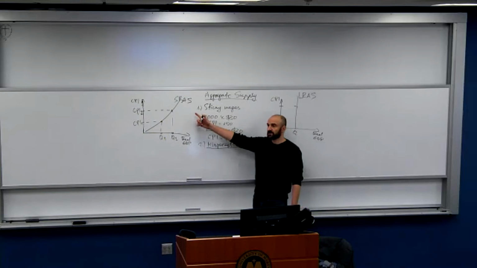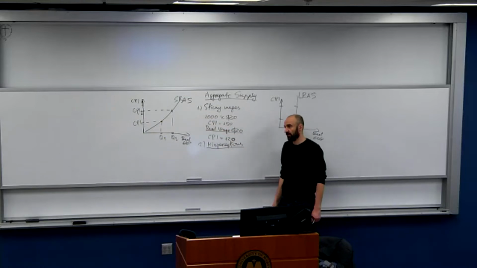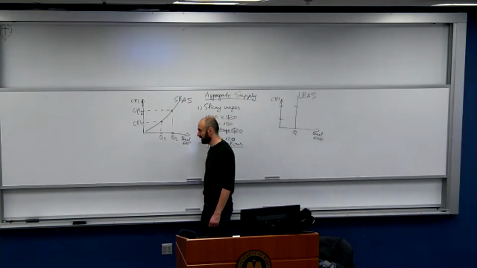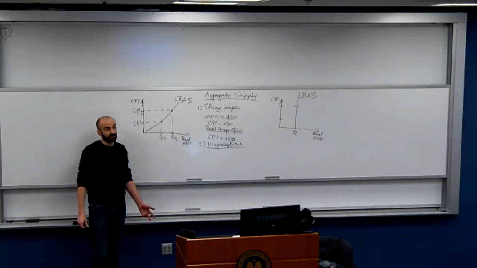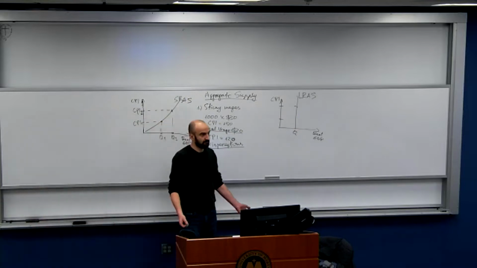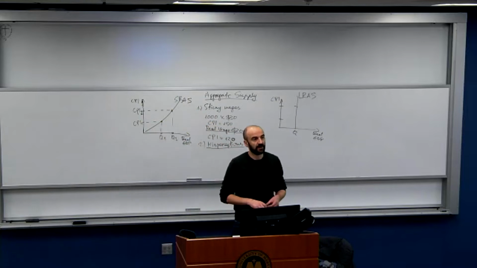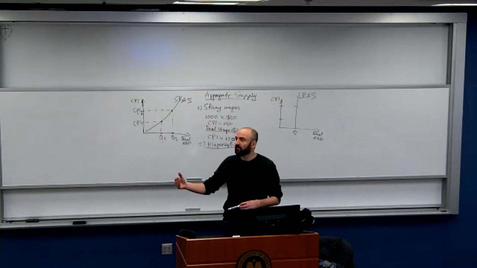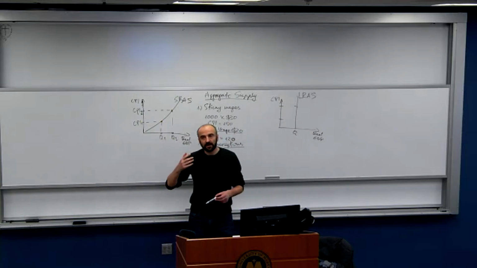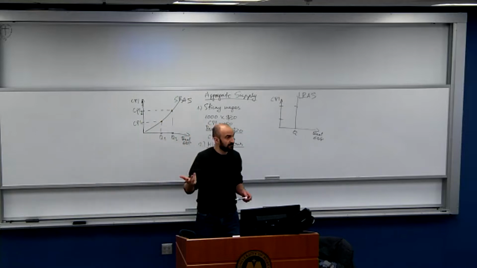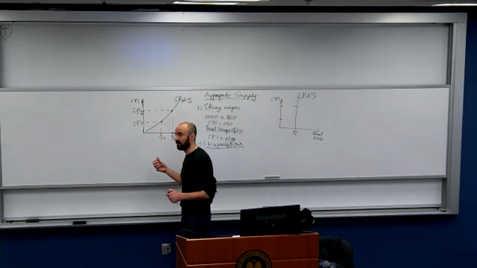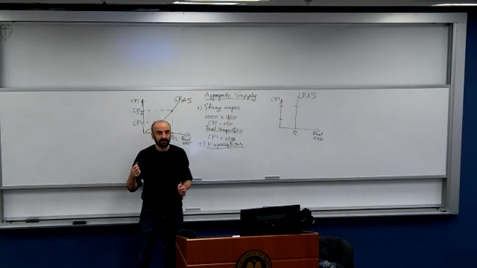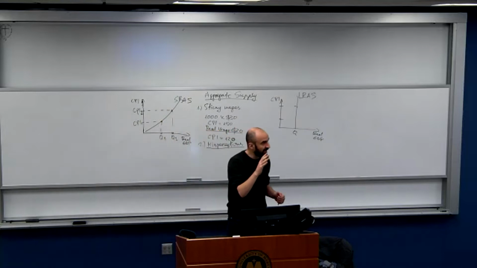So if the price level increases, the nominal wages will increase. But now, as this is happening, people don't know, or they can only guess, that the price level will increase as well, and that their higher nominal wages will not be higher in real terms.